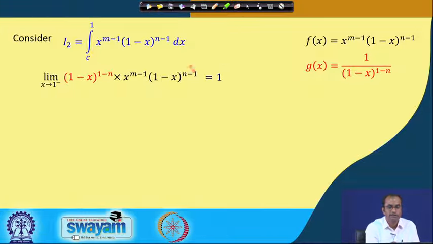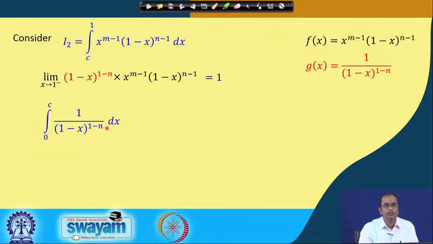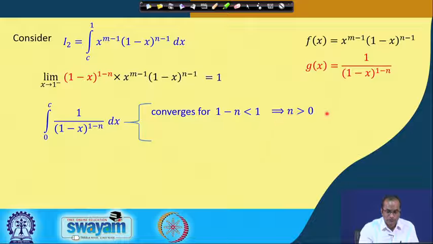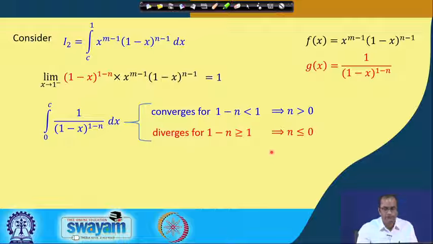So, this limit is again 1, and now the behavior of this integral we can conclude from the behavior of this test integral. This was our test integral, 1 over 1 minus x power 1 minus n dx, and this converges when 1 minus n, this power, is less than 1, that means n is greater than 0, and this diverges when 1 minus n is greater than or equal to 1, that means n is less than or equal to 0.